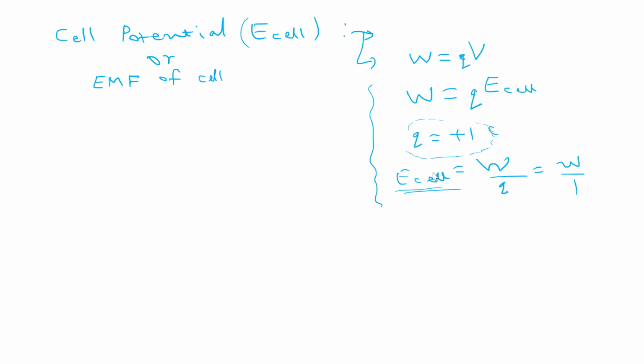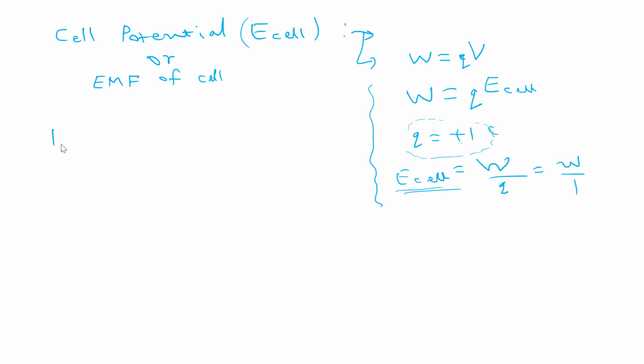The work done by the cell to circulate unit positive charge in the complete circuit is known as cell potential. This is one more definition you can remember. The other definition we discussed is that the electrode potential difference of cathode and anode is known as cell potential.